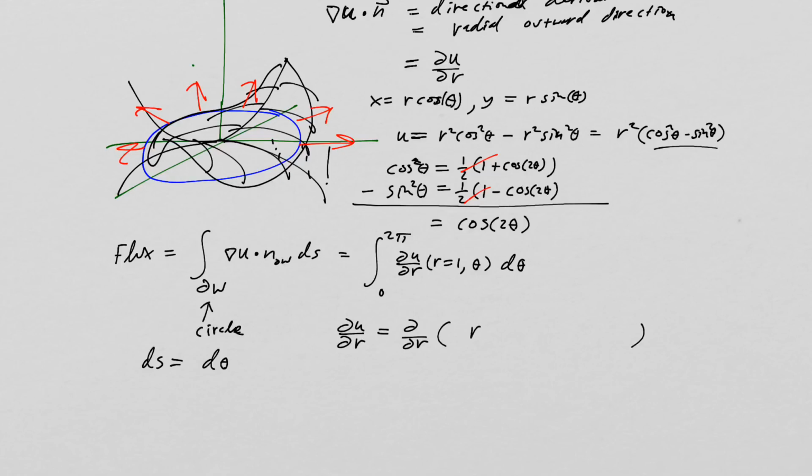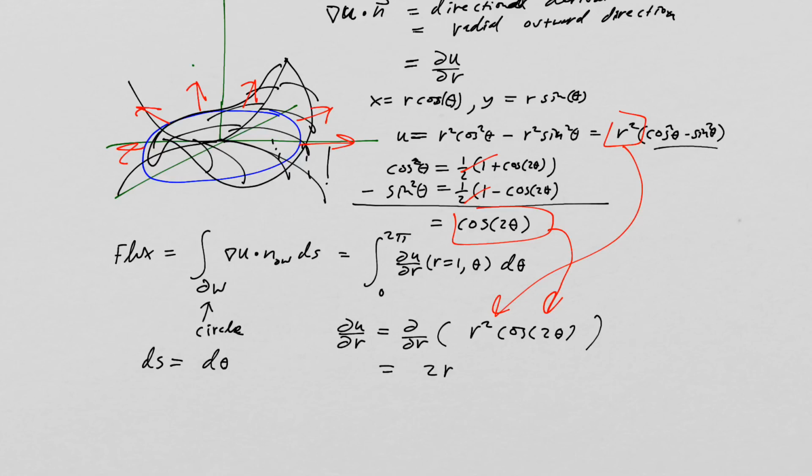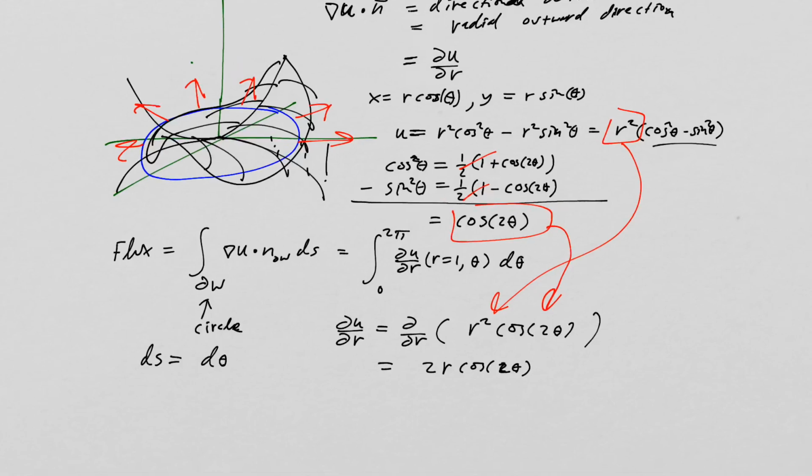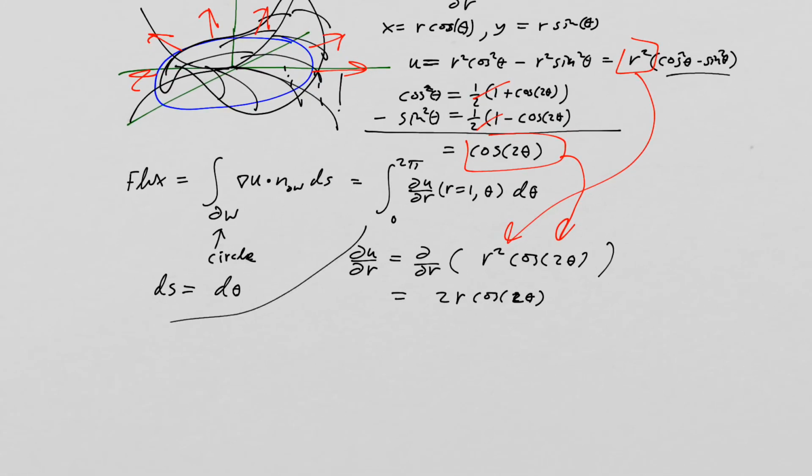So we have to remember that u is going to be r squared times cosine 2 theta. That's because we have that r squared, and we also have that cosine of 2 theta. And the derivative is simply going to be 2r times cosine 2 theta.